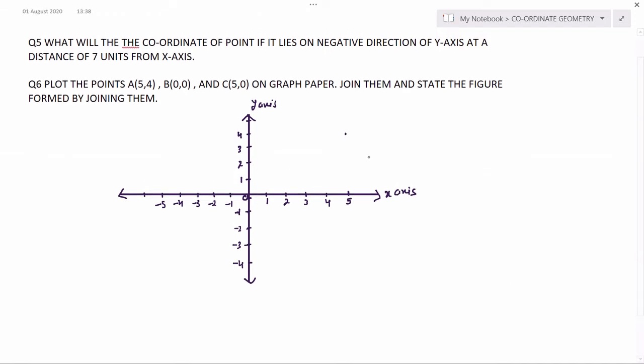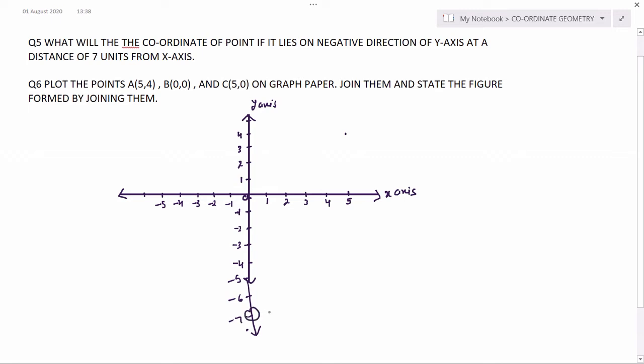Now question number 5. What will be the coordinate of a point if it lies on the negative direction of the y-axis, at a distance of 7 units from the x-axis? It means it must be lying below the x-axis because the y coordinate is negative here. If I take 7 units below the x-axis, what will be the coordinate of that point? If I extend this line like this, suppose this is -5, -6 and -7.